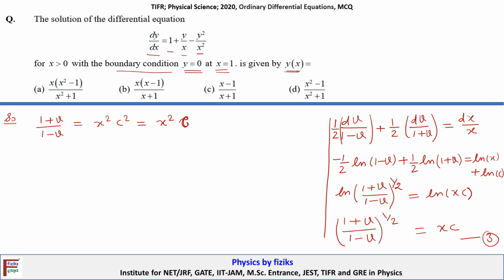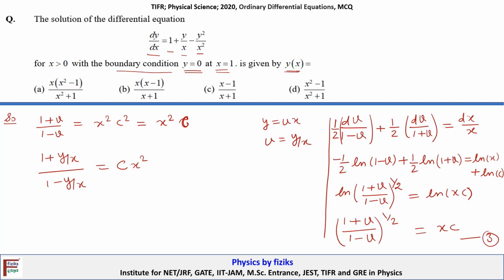Therefore we substitute from the initial substitution that y is equal to vx, then from here v is equal to y by x, and then the solution becomes 1 plus y by x divided by 1 minus y by x is equal to C into x square.